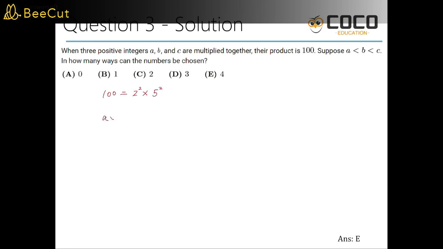So for A times B times C, this can be 1 times 2 times 50, or it can be 1 times 4 times 25, or else it can be 1 times 5 times 20. The last way is 2 times 5 times 10. So altogether, we have 4 ways. Answer is E.